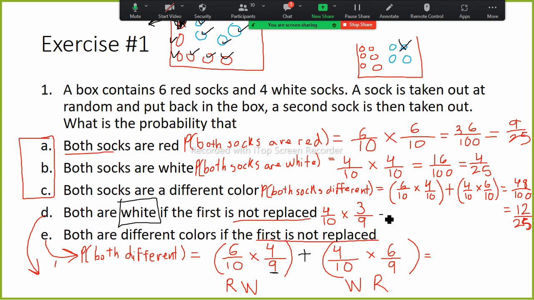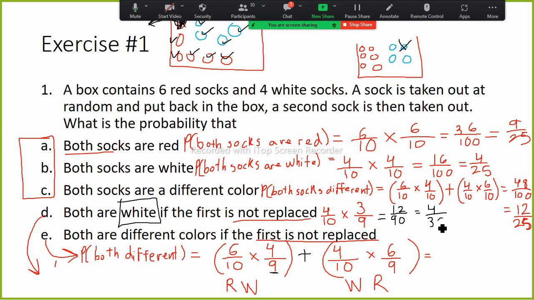It's going to be 3 over 9, which is equal to 4 times 3 is 12, and 10 times 9 is 90. We could divide top and bottom by 3. So 12 divided by 3 is 4, and 90 divided by 3 is 30.